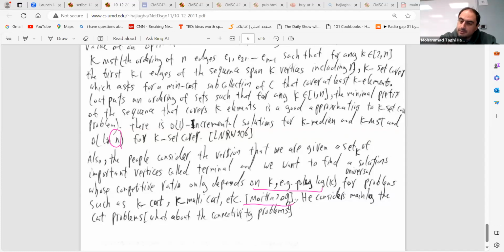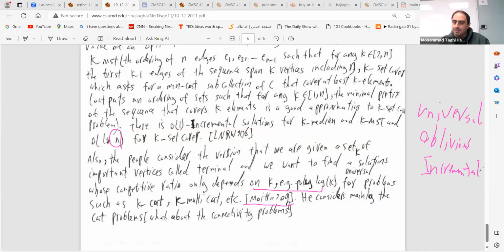So we had three things with essentially the same meaning: universal, then oblivious, and last but not least, incremental. As I mentioned, all of these works in some sense are coming from this. Universal solutions were there before, but it became a topic again because of oblivious routing, which I want to talk more about.